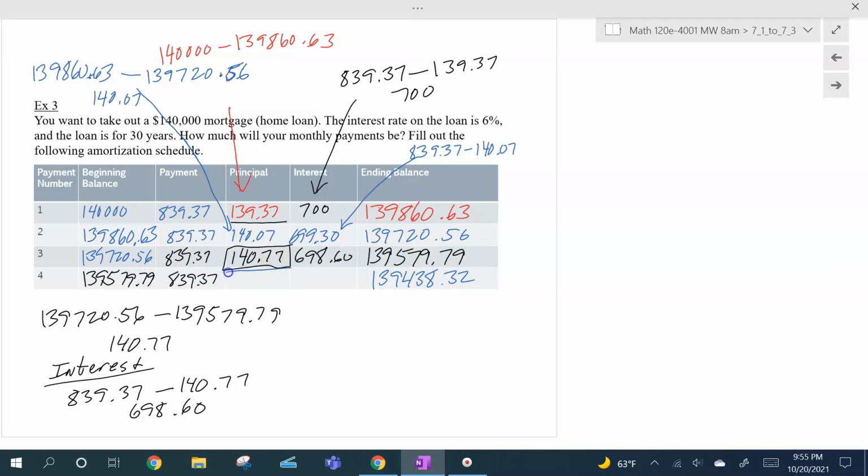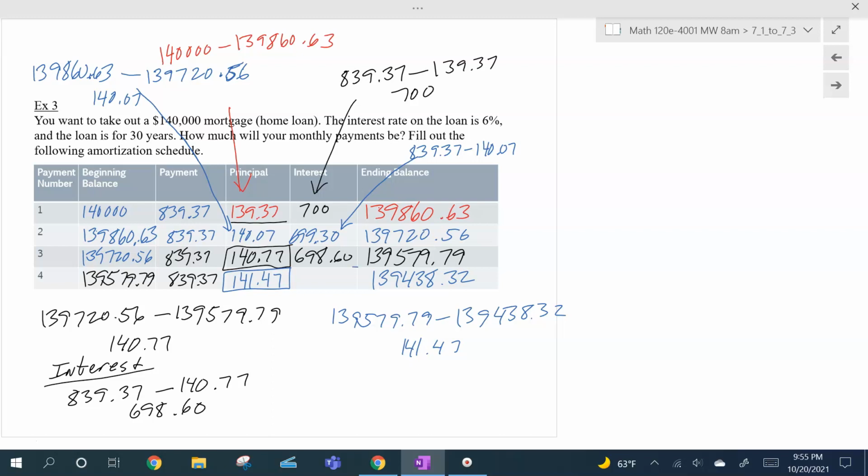So what's my principal? Well, how much did the loan go down by? 139,579.79 minus 139,438.32. So 141.47. Okay.